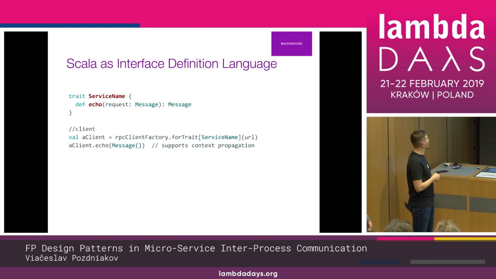And you can then call methods on this client. And the magic happens here. The context propagation is happening. This client is taking the context of the initial request and passing it to this host.